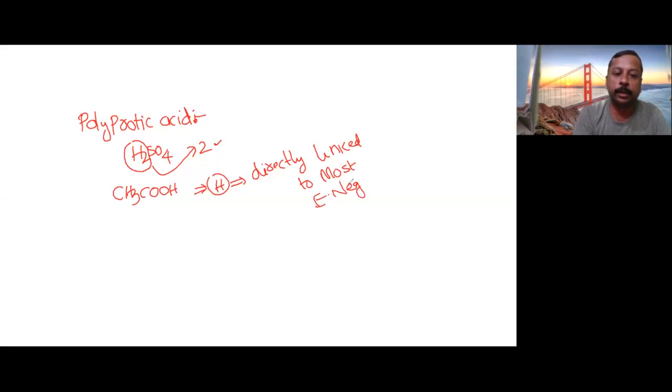You must have studied the most electronegative atoms in chemical bonding. What are those? Oxygen, fluorine, nitrogen. As a memory technique, I am telling you to remember phone. The most attracting, fascinating object in the world is the phone. Same way, the most electronegative atoms also spell FON: fluorine, oxygen, nitrogen.